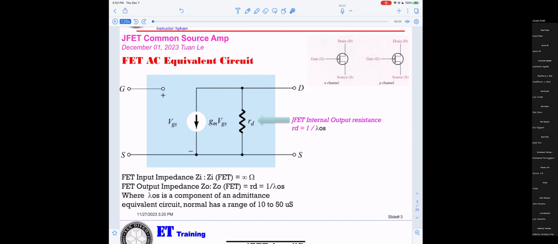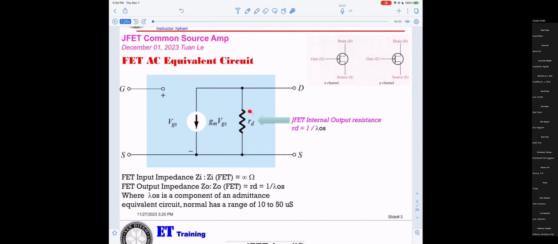Okay, FET input impedance. That means the input impedance you're looking into the FET, you can get infinity ohms. That's just telling you they get a very high input impedance. FET output impedance, they will be equal to that one here, but this one we're not using.